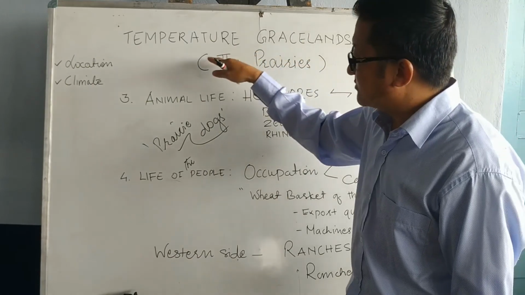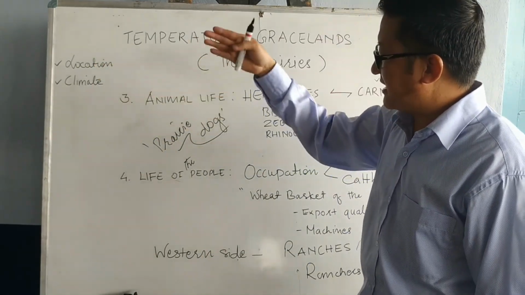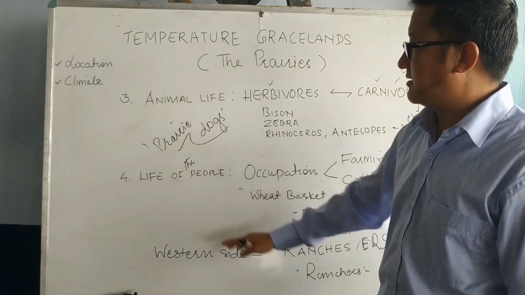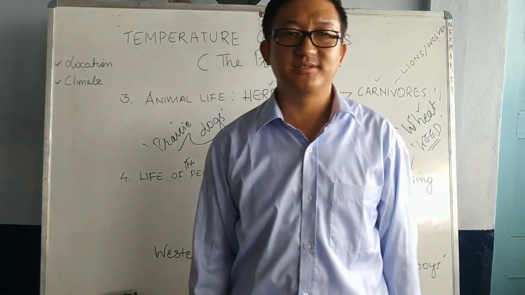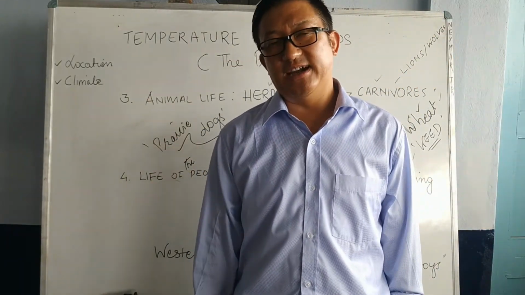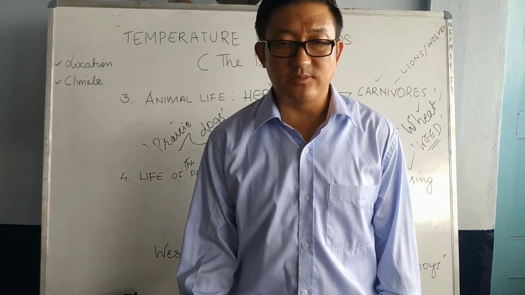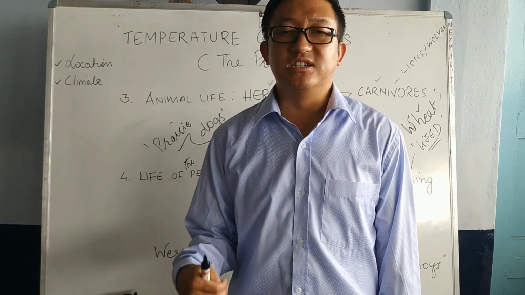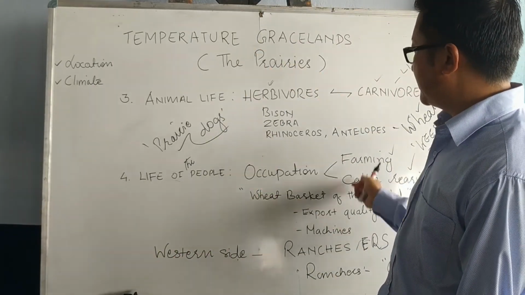Regarding prairies, we studied the location, climate, animal life, and the life of the people. Right, children, we are done with this chapter, and now you have to do your part. You have to watch this video repeatedly and know all the vocabulary that I have written here.